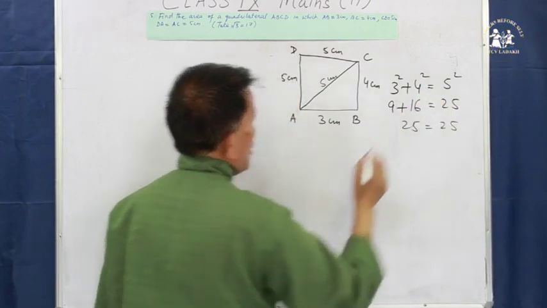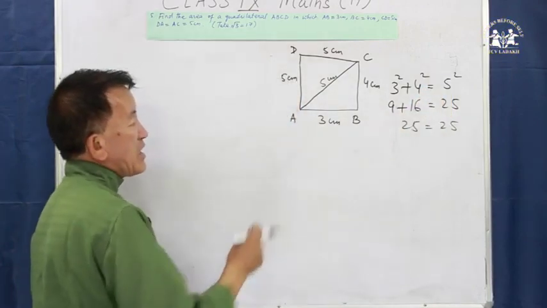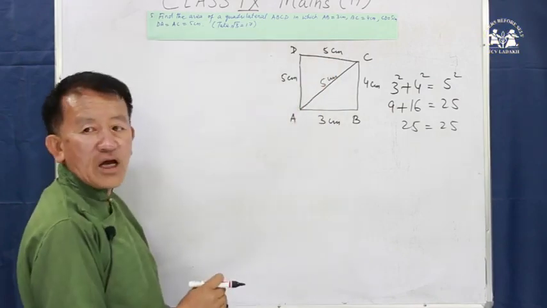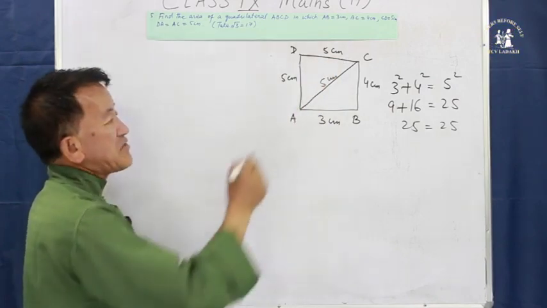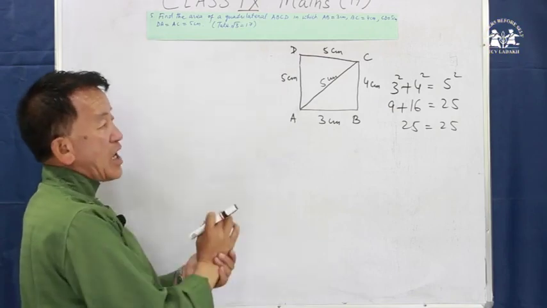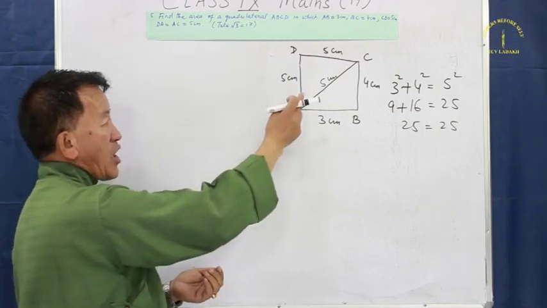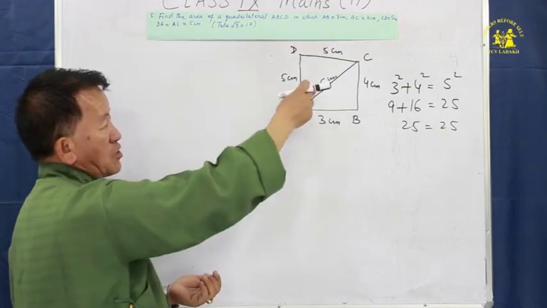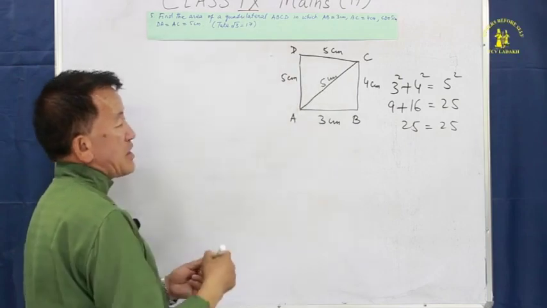So we'll find that actually triangle ABC is a right triangle, because it satisfies the property of a right triangle. That is, in a right triangle, the square of the longest side, the hypotenuse, is equal to the sum of the squares of the other 2 sides.